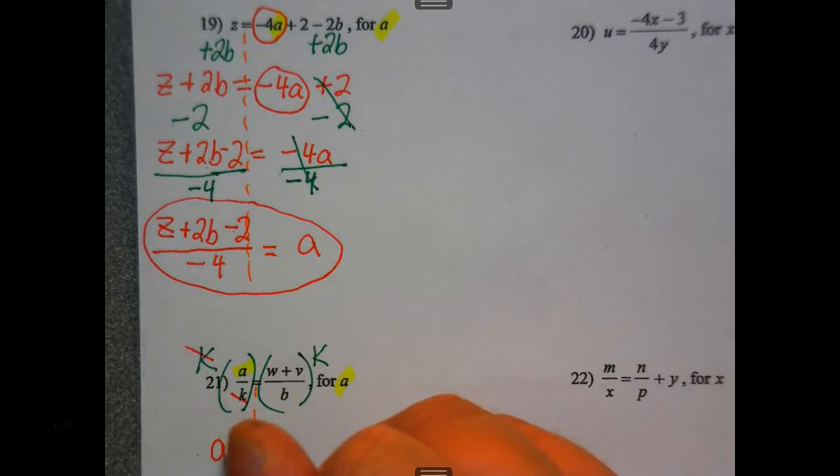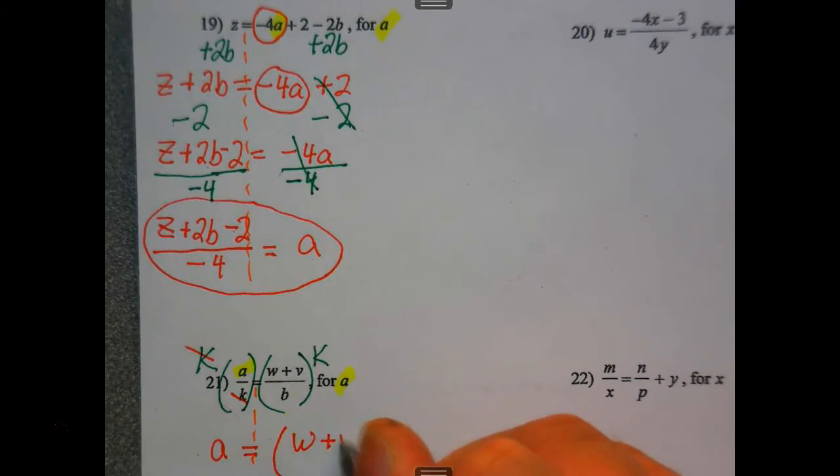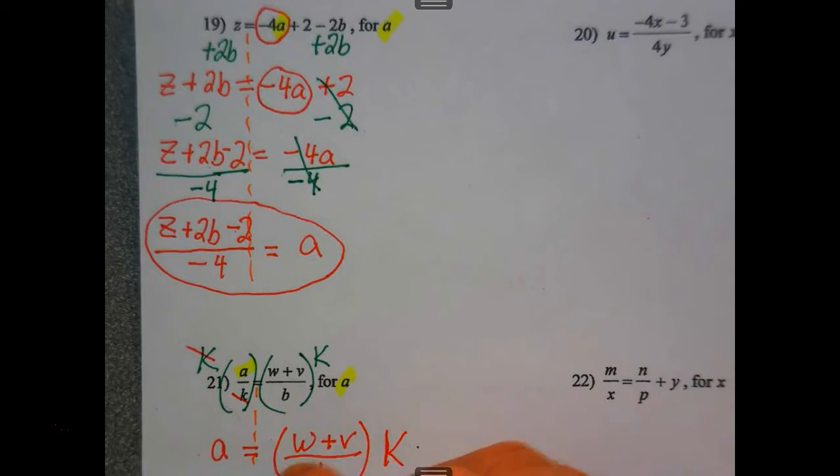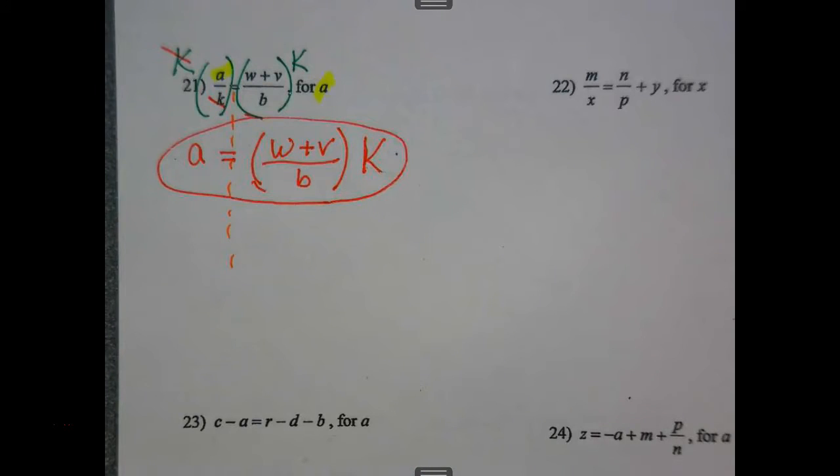I get my A equals W plus V over B times K. I don't care what the other side looks like as long as I get my A on one side.